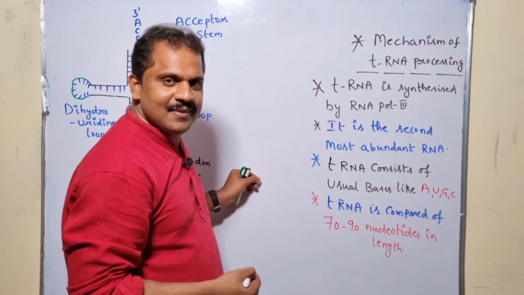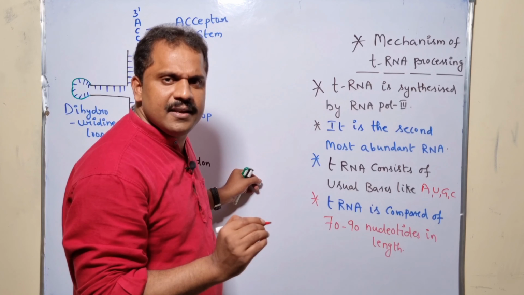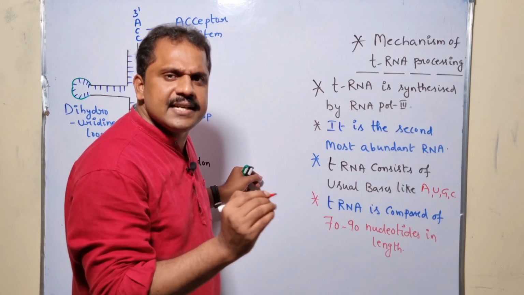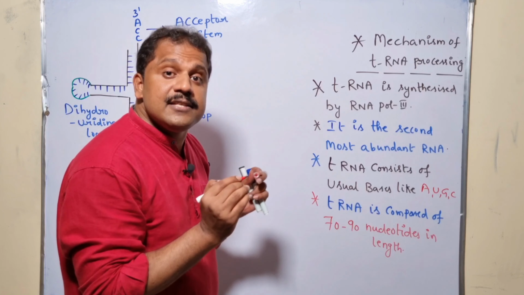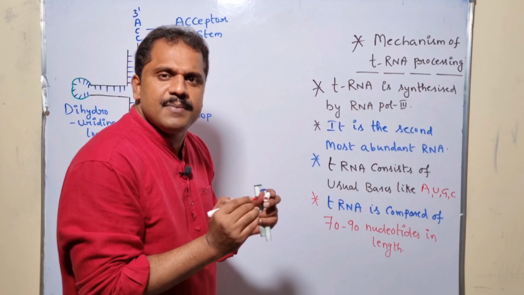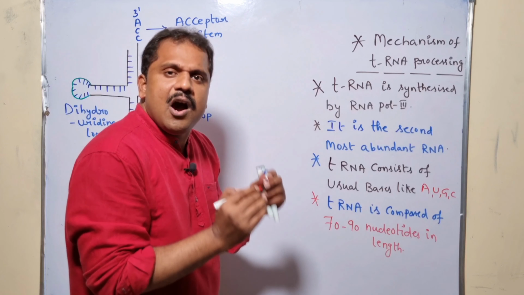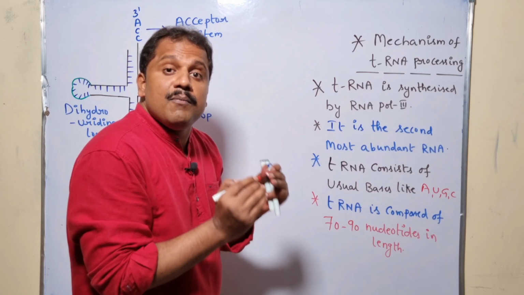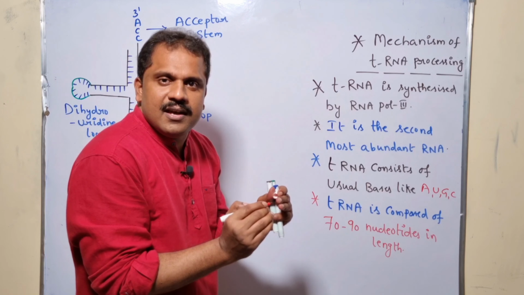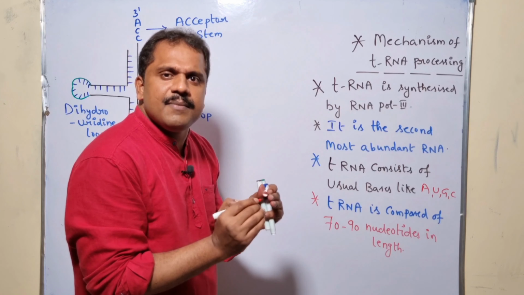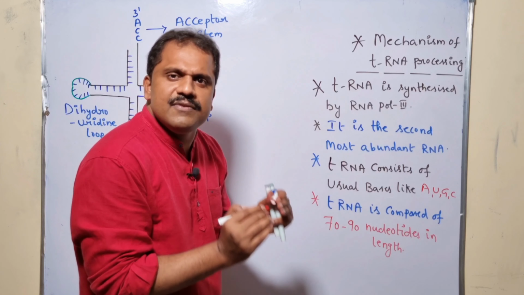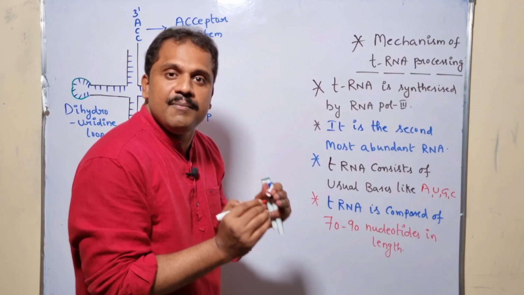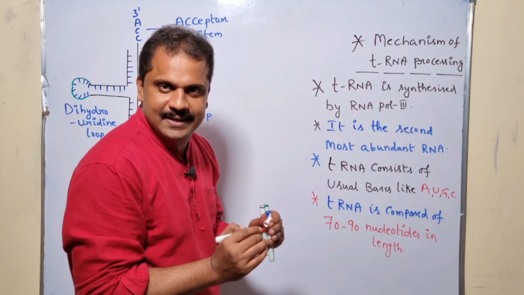Is it clear? So here in order to elucidate the structure of the tRNA, various models were explained by various molecular biologists. Out of these many models, the most widely accepted model of the structure of the tRNA is nothing but what? Cloverleaf model, which was explained by Holley in the mid 1950s. Is it clear?